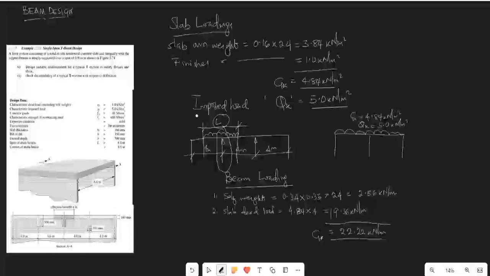Now for the live load, the same thing we did above is what we are going to do for the imposed load. We have the live load on the slab multiplied by the span that we are using, multiplied by 4, and that will give us 20.